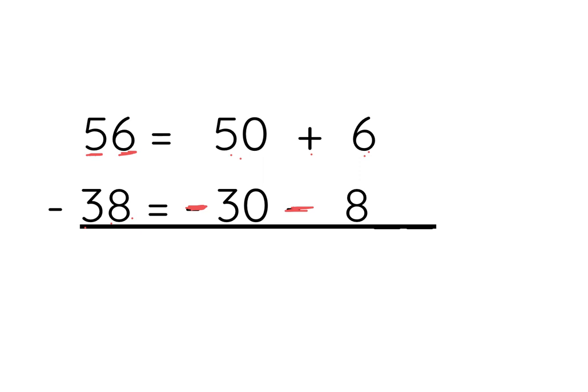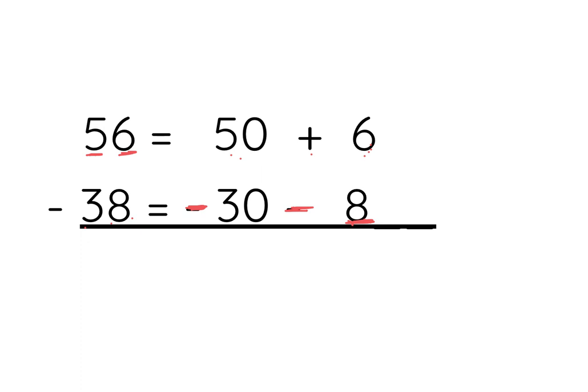As you look at the column on the right, or the ones column, the problem is 6 minus 8. Again, 8 is larger than 6, so if I subtracted that, it would give me a negative number. Again, in this strategy, we don't want to work with negative numbers.